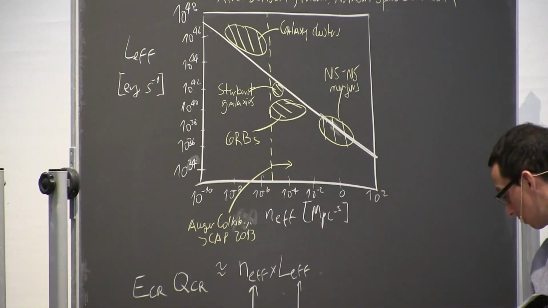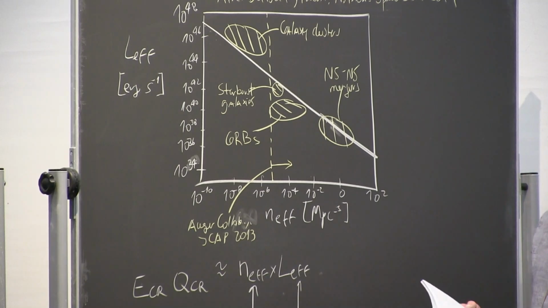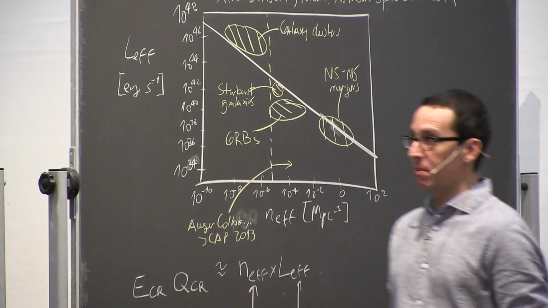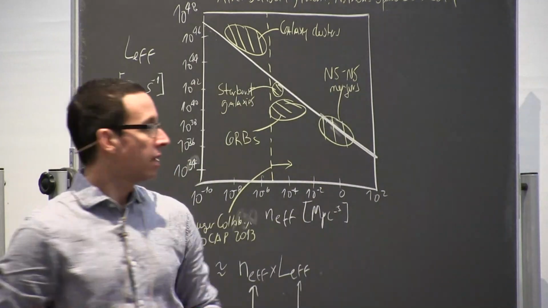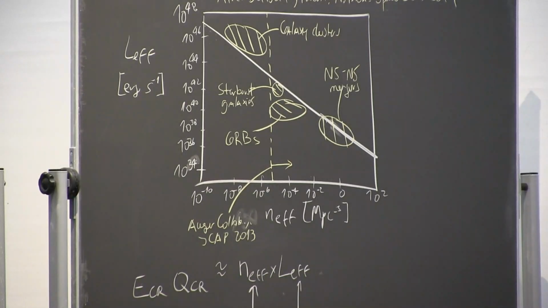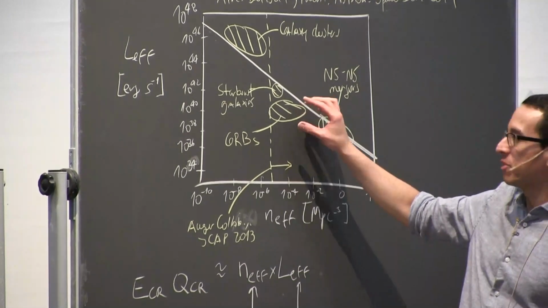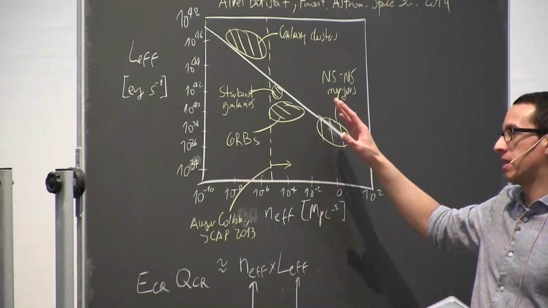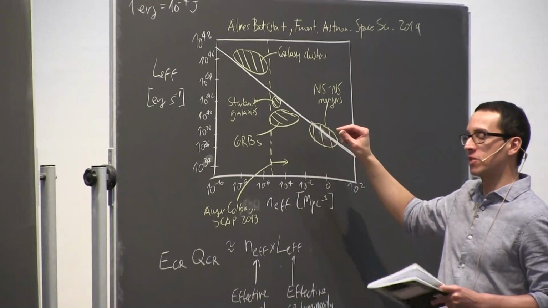So there is some indication that if we want to explain what we measure for the flux of cosmic rays, some of the source populations do better than others. This is also pretty much a first pass.